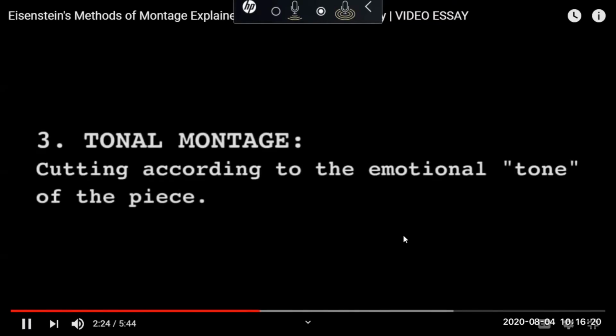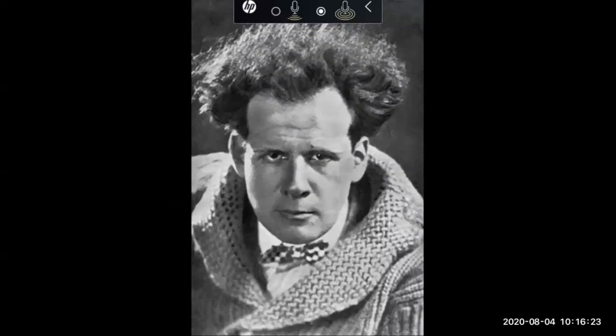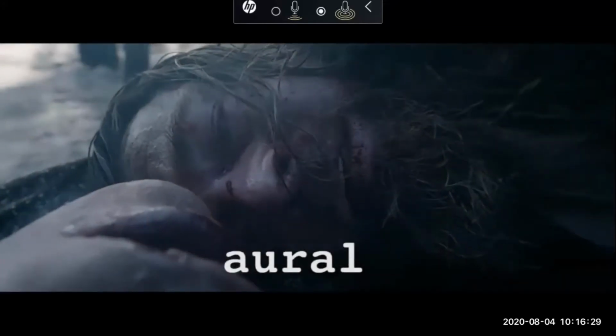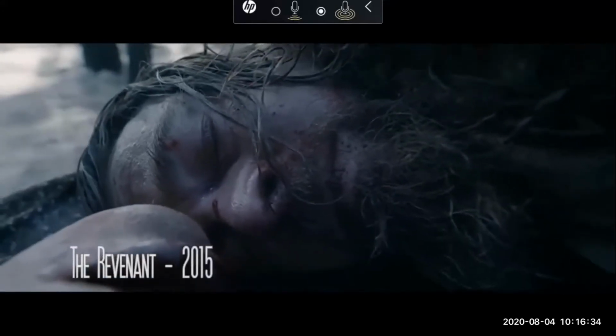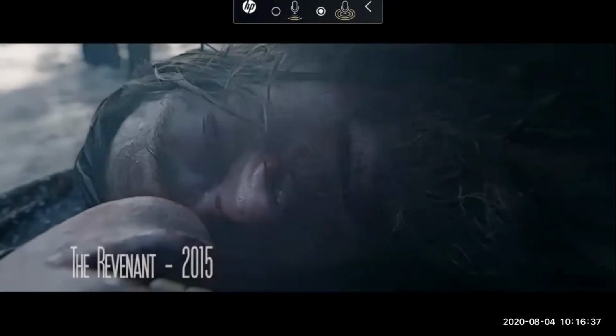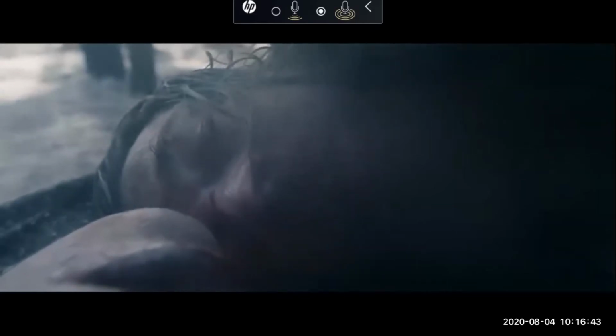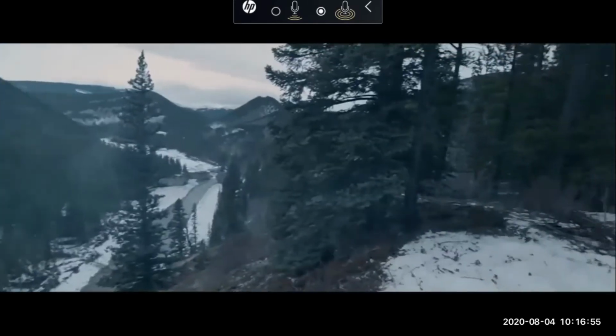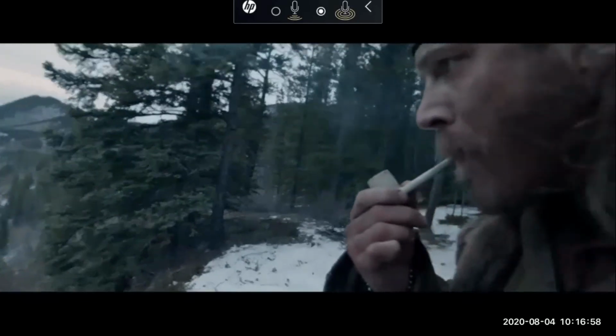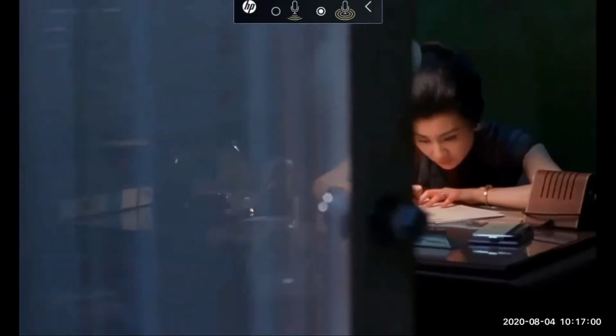Which is based on the characteristic emotional sound of the piece. That's great, Sergey, but what exactly does it mean? Well, think of tone in this sense as any visual or aural characteristic that two different shots could share in common. An example from the more recent The Revenant perfectly illustrates not just one, but several instances of tonal montage in sequence. In the following edits, it is a motif of fogginess or haze that unifies the shots. There are other tonalities you can use as the basis for your montage as well.